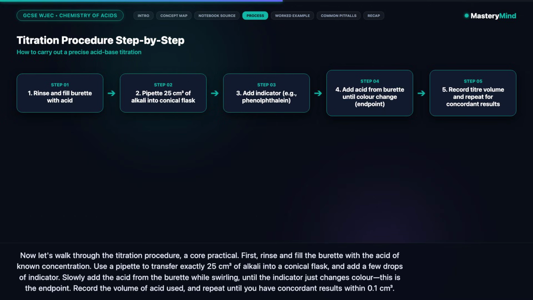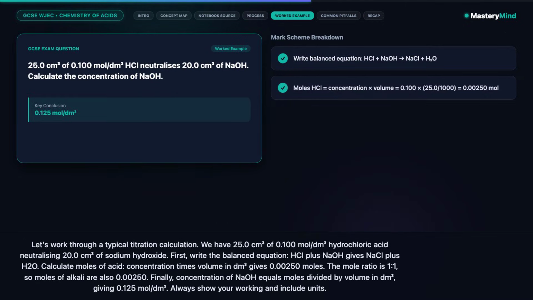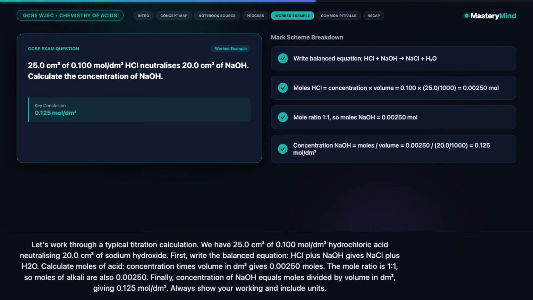Let's work through a typical titration calculation. We have 25.0 cubic centimeters of 0.100 mol dm cubed hydrochloric acid neutralizing 20.0 cubic centimeters of sodium hydroxide. First, write the balanced equation, HCl plus NaOH gives NaCl plus H2O. Calculate moles of acid.